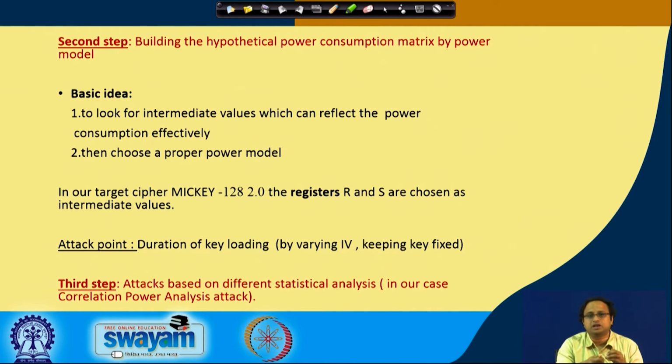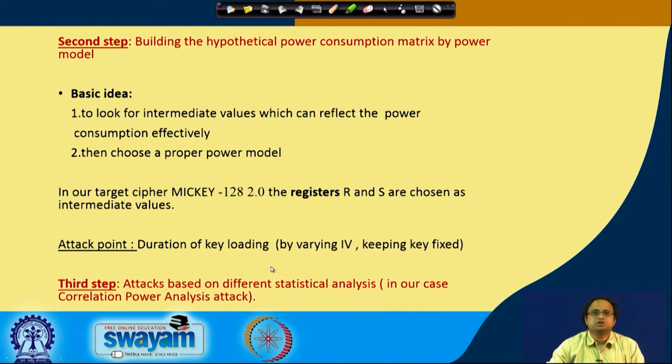If your key bit was correctly guessed, then the hypothetical power, that means the content of the register R and the content of the register S, will correlate very highly with the actual observed power, whereas if your key bit was wrongly guessed, then your correlation will be small. Therefore you can distinguish between these two cases to discard the wrong guesses and correctly know the key in a bit by bit fashion.